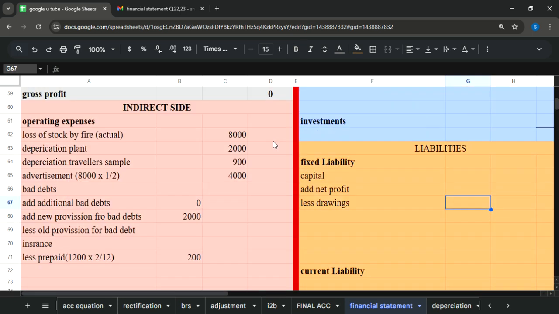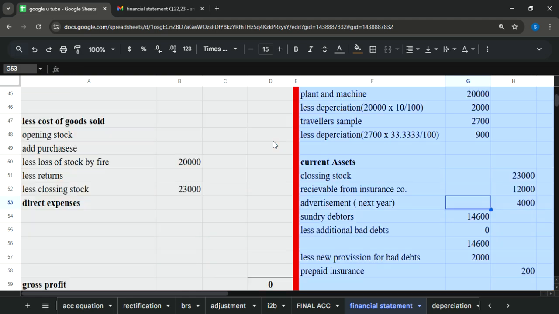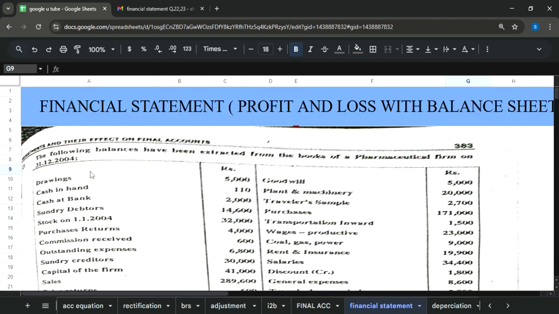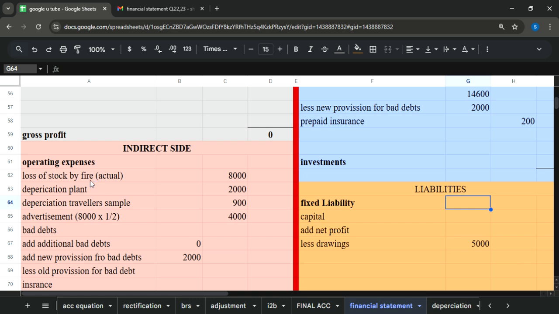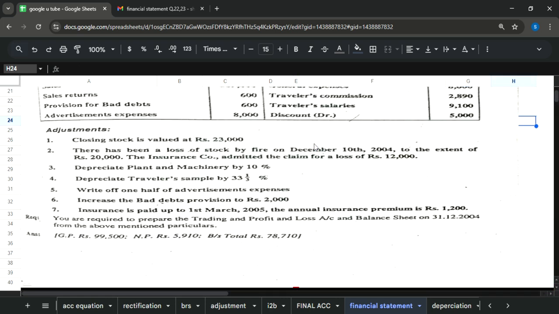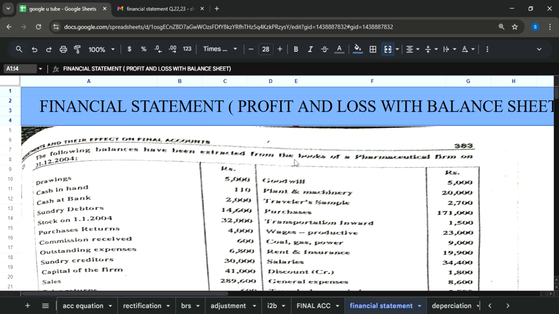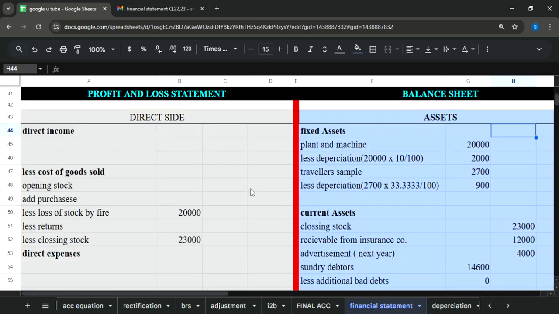So write down 5000 in front of it. After drawings we have cash in hand. This is part of current assets. So here, cash in hand, the amount of cash in hand is 110.